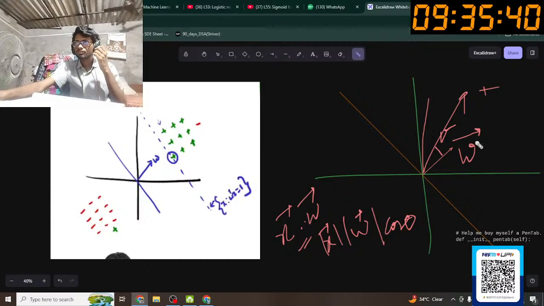If it's perfectly lined up, cos theta is plus 1, and then the scale of these two will determine how big the dot product will be. So it will go to plus infinity in the positive case, and in the negative case it could go to minus infinity. So that's the concept.